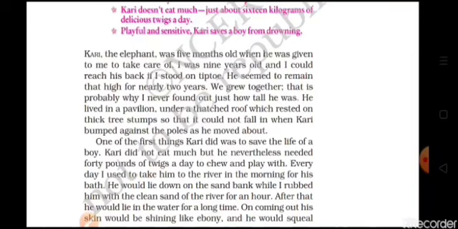That is probably why I never found out just how tall he was. He lived in a pavilion under a thatched roof which rested on thick tree stumps so that it could not fall in when Kari bumped against the poles as he moved about.